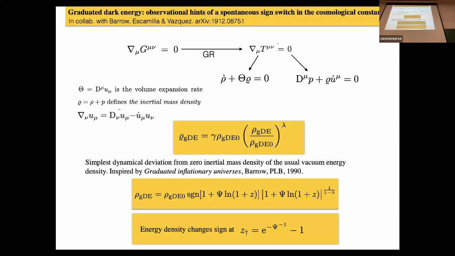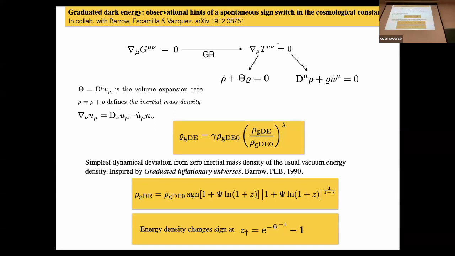When we solve these equations, they are quite nasty. Graduated dark energy is this model in terms of inertial mass density, but if we write it in terms of rho, the energy density, we have this quite interesting equation, which is very rich, showing very different behaviors.